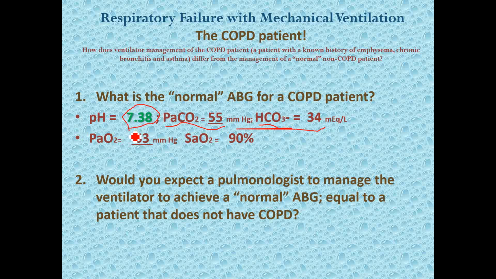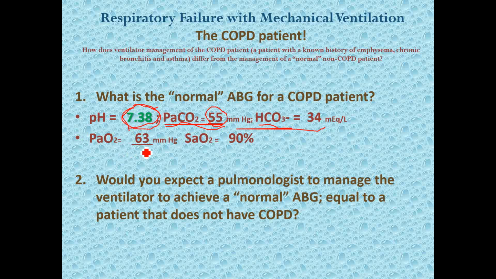So even though you don't like the CO2 being elevated, as long as the pH is in the normal range, we consider that the COPD patient is doing okay, because they will retain CO2 every day, and as long as the pH is under control, the acid-base balance is being maintained. It's being kept in the normal range.